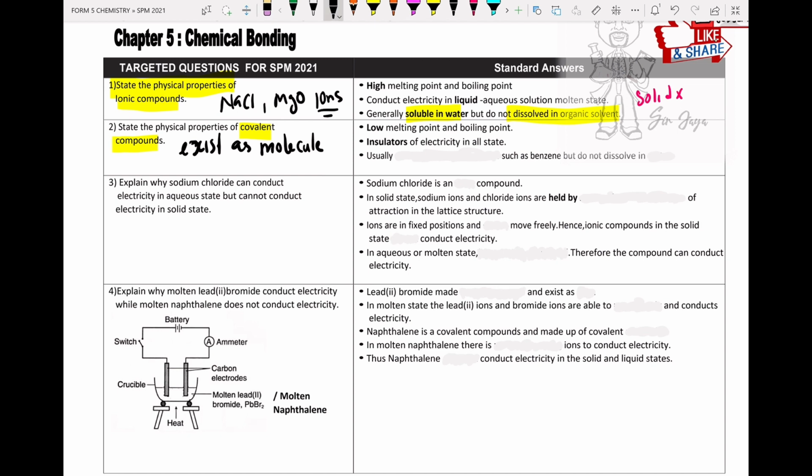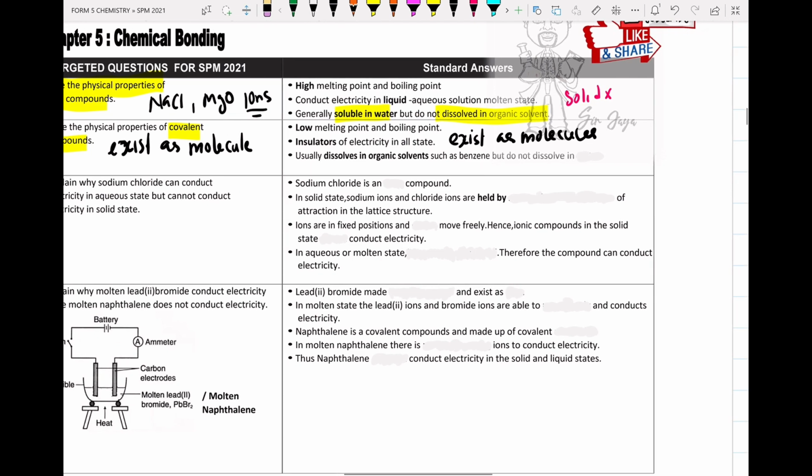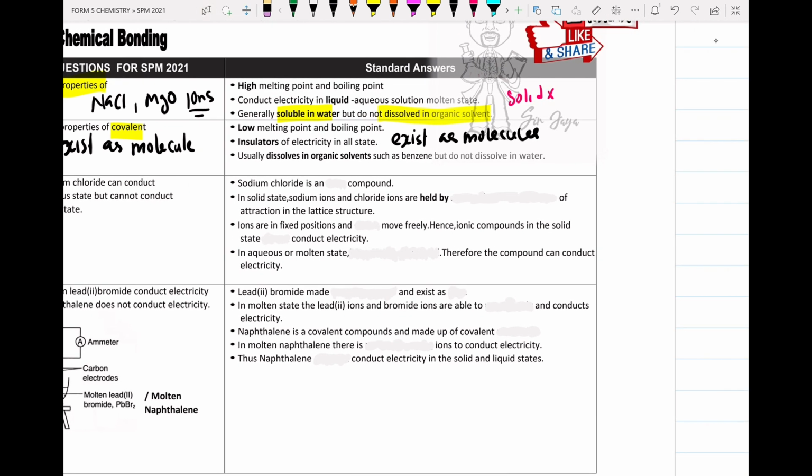They do not conduct electricity in any state because they exist as molecules. There are no freely moving ions to conduct electricity. Usually, covalent compounds dissolve in organic solvents such as benzene but do not dissolve in water, but you must remember the exceptions: halogen, acids and also ammonia.